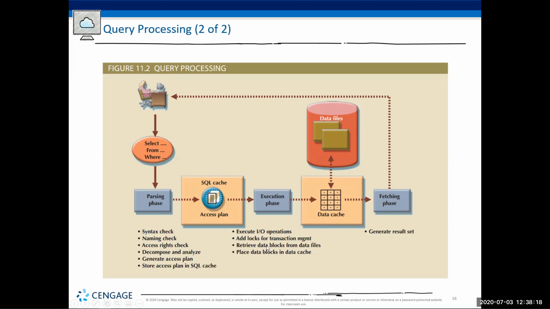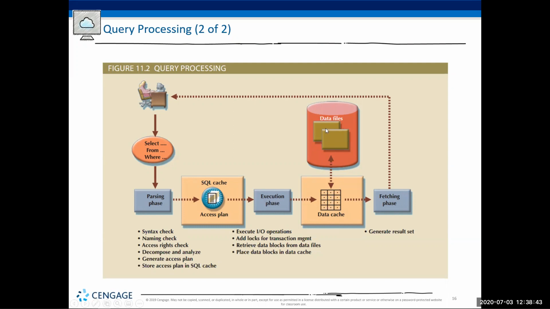Remember in chapter 10, the locks, two-phase locks, table lock, row lock. It does all of that stuff, and then it retrieves the data and places the data back into the cache memory, temporary memory. And this data that comes back is actually what the user was asking for. So that's where you retrieve that from the hard disk, from the drives.